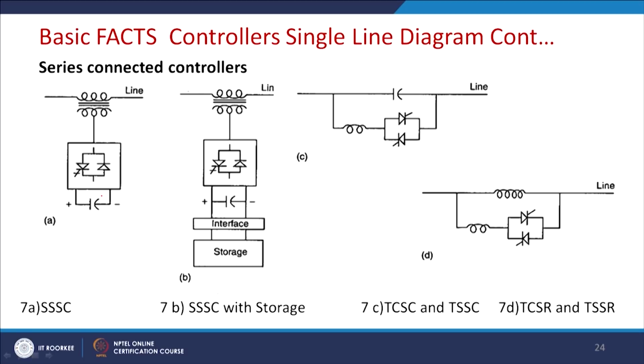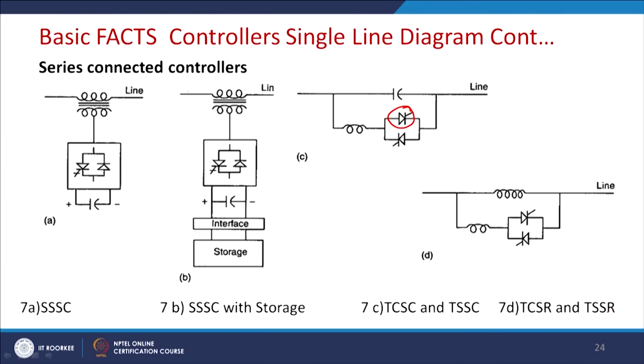TCSC essentially deals with the variable impedance component. By changing the triggering angle of the thyristor, the impedance can be controlled, and thus you can control the impedance of the line in the transmission system. In the same way, if you have a TCR, we will have this kind of system.